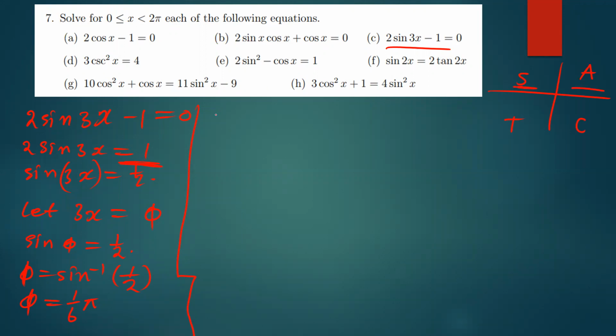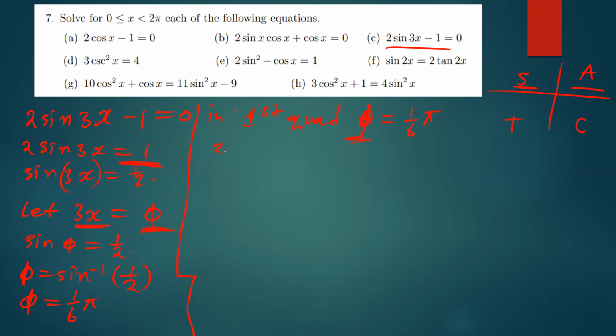So we can now say in the first quadrant, we know that phi will be equal to the same reference angle, which is 1 over 6 pi. This is our phi. And then remember that phi is equal to 3x. So while there's phi there, we can replace it with 3x.